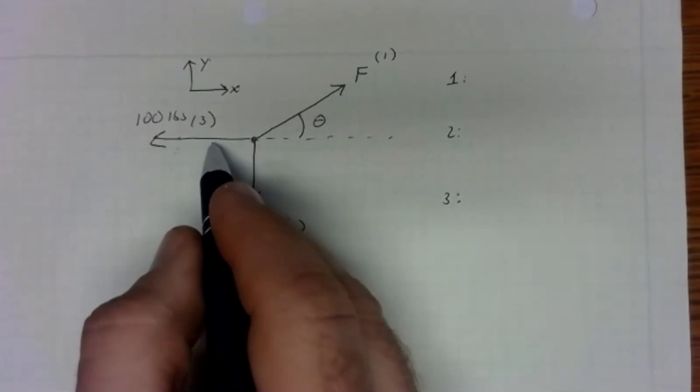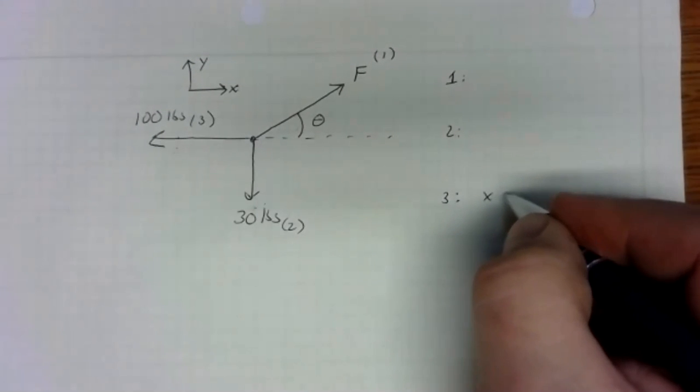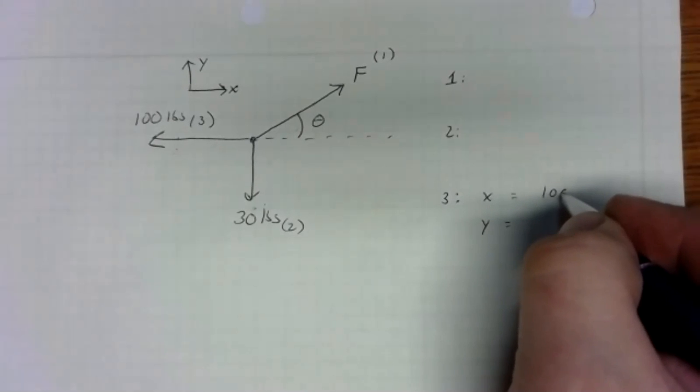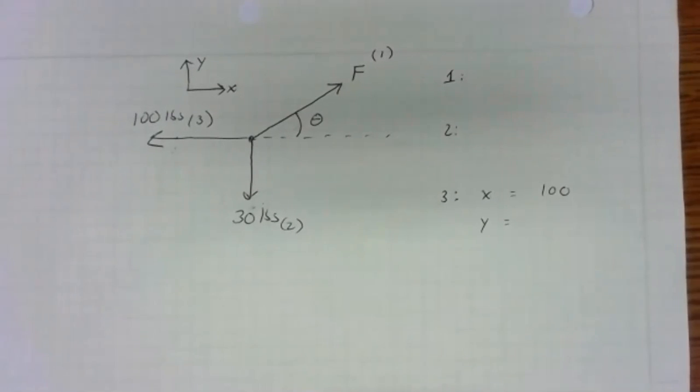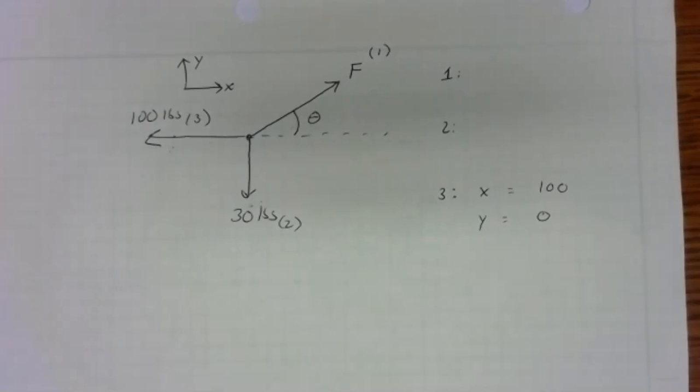So for an X component for vector 3, I've got 100 pounds. And again, I'll take care of the directions when I do my sums. I'm just going to deal with the positives here to avoid issues.